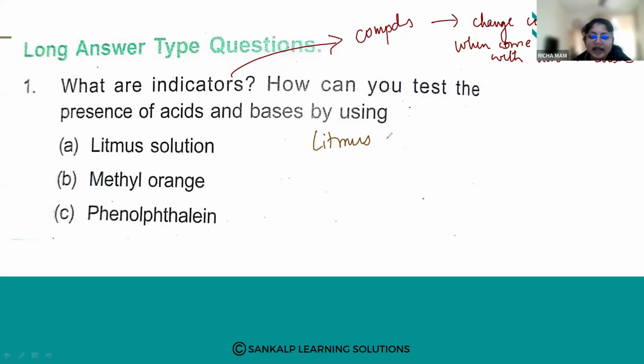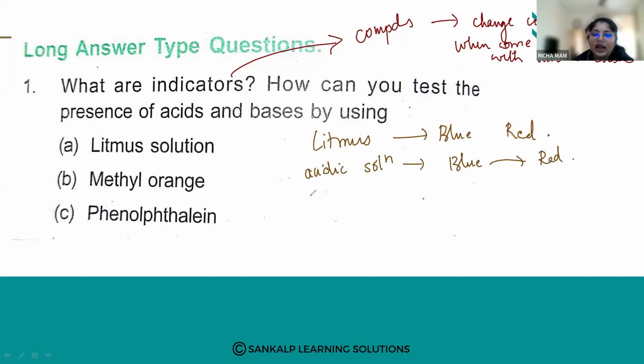Litmus is of two types, one is the blue litmus and the second one is the red litmus. If you have an acidic solution, it will turn your blue litmus to red. And if you have a basic solution, it will turn your red litmus to blue. So this is the color change.